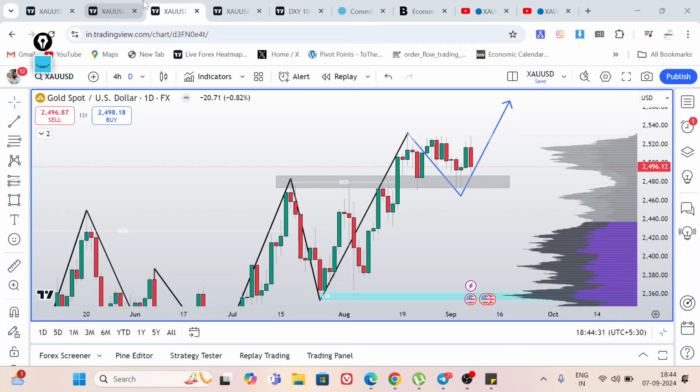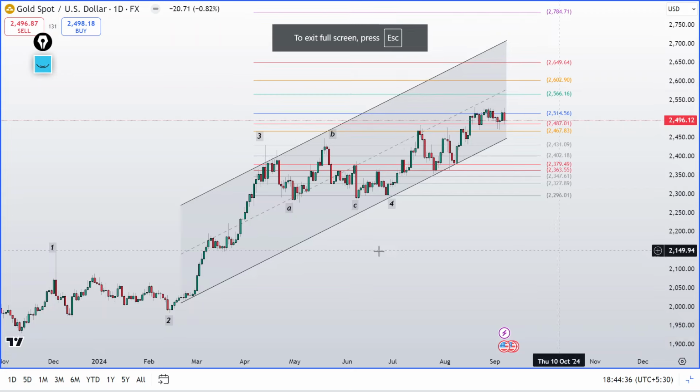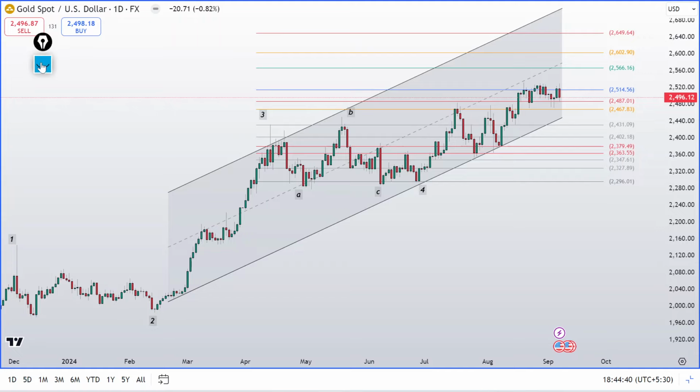If we check the cyclic movement on the daily time frame, the current formation is clearly a bullish formation, or bullish phase.